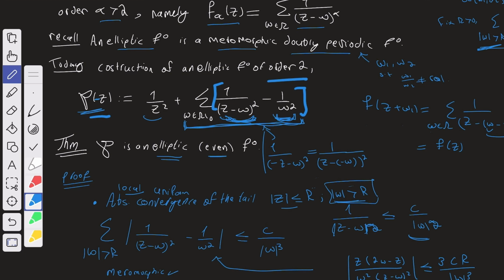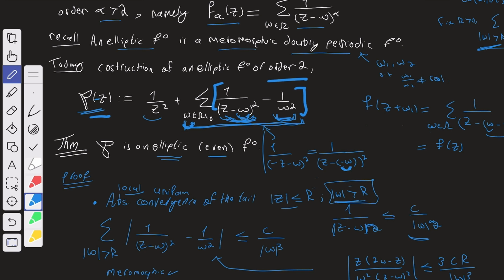We get the same form, except that we're getting minus omega over here. And since omega runs over all the elements of the lattice, so does minus omega, due to the symmetry in the lattice. And thus, this sum will be the same as p of z by absolute convergence of the series, or by the absolute convergence of the tail of the series.